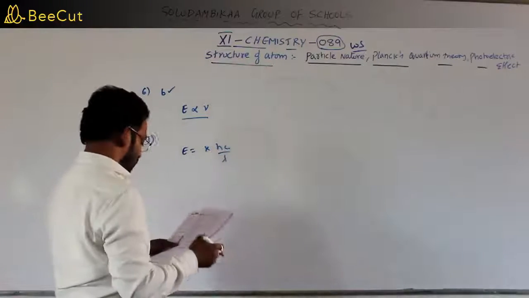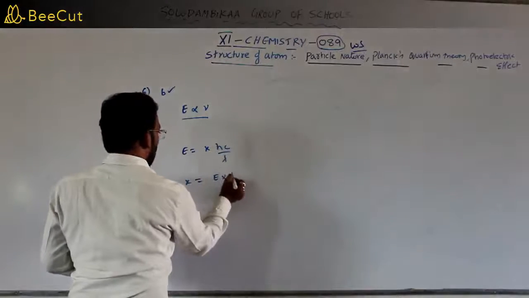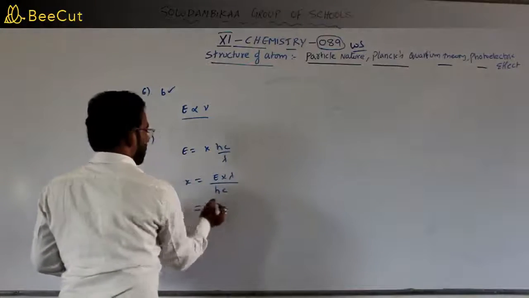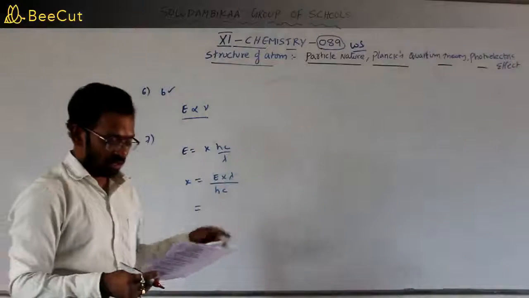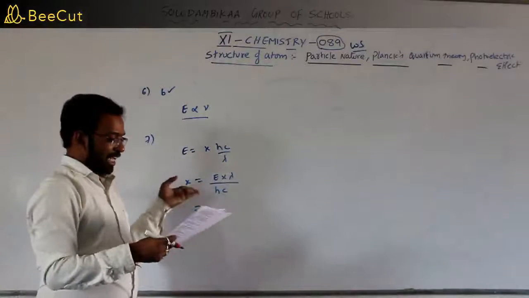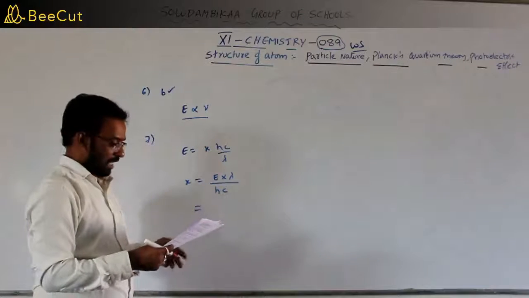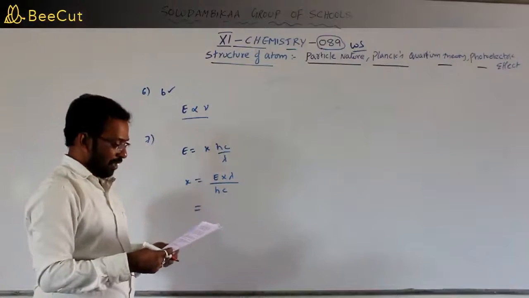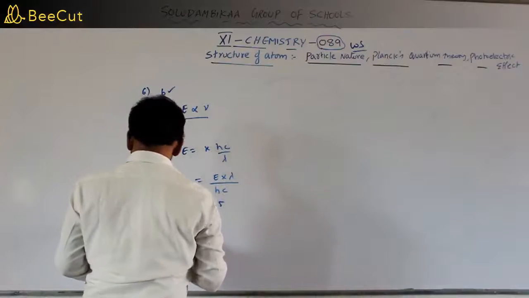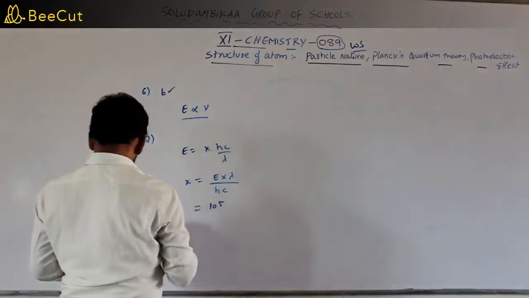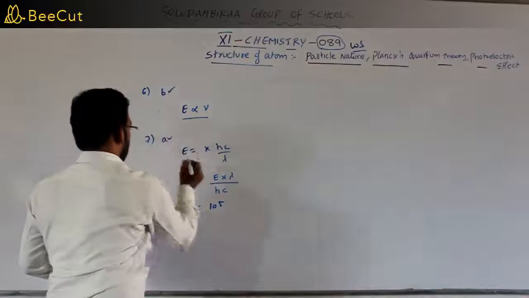Already we discussed this. So we need to find the x value. x is equal to E into lambda by hc. We solved this type of problems previously, based on book back questions and in-text questions also. The energy value is given, Planck's constant you know, velocity of light and wavelength are also given. So you can find the answer, that is 10 power 5. Which option is correct? 1 in 10 power 5, option A is correct.